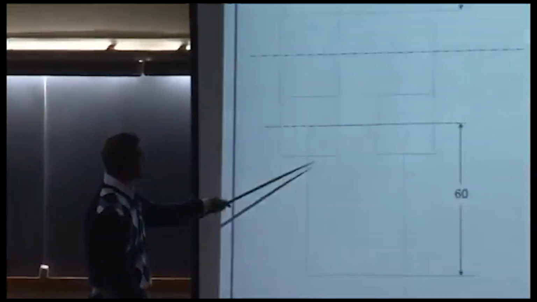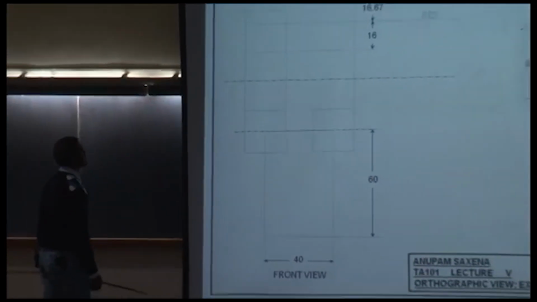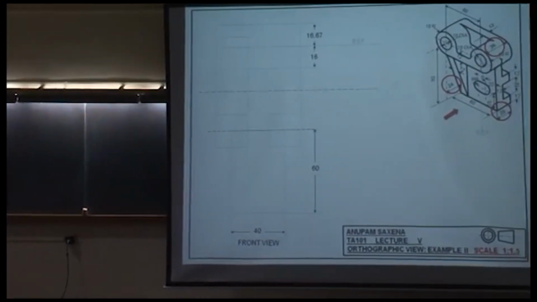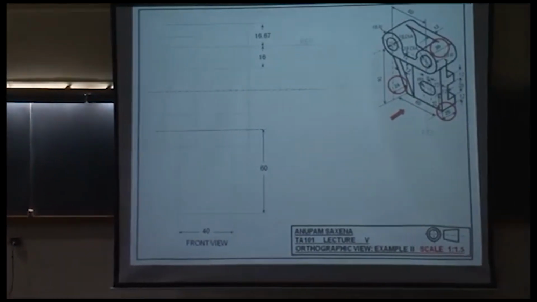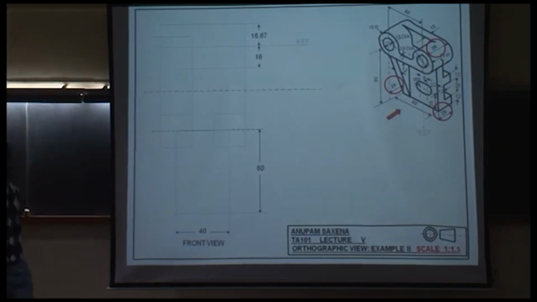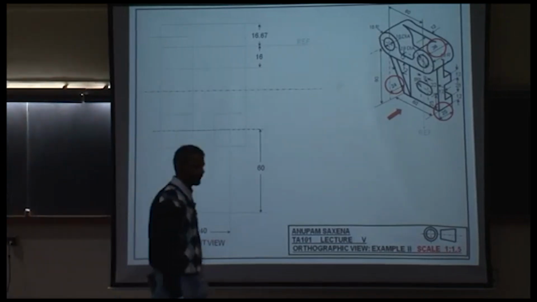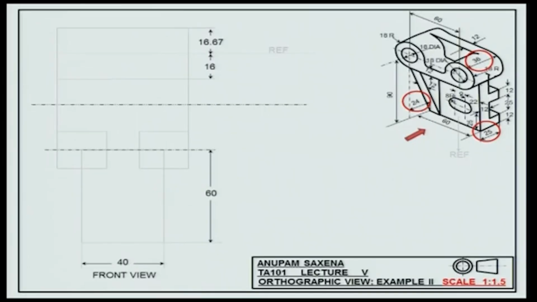Take this projection upwards, and draw the bounding box for the cylindrical feature. What is this dimension? Good.